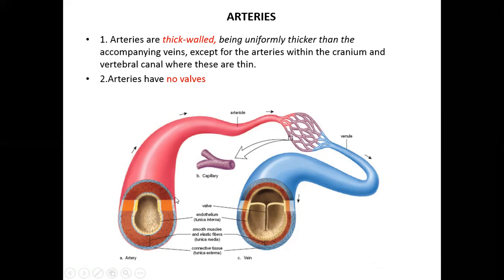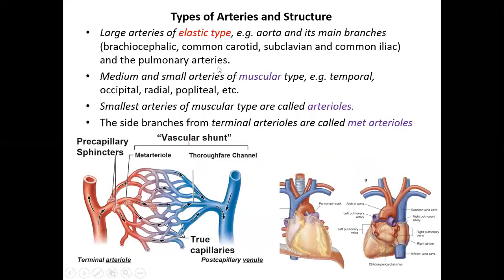So this is the thickness of the artery, and the thickness of the vein is this much. And valves are also present in the veins, which are absent in arteries. The size of the lumen is big in veins, whereas in arteries the lumen is small because the wall is thick here.